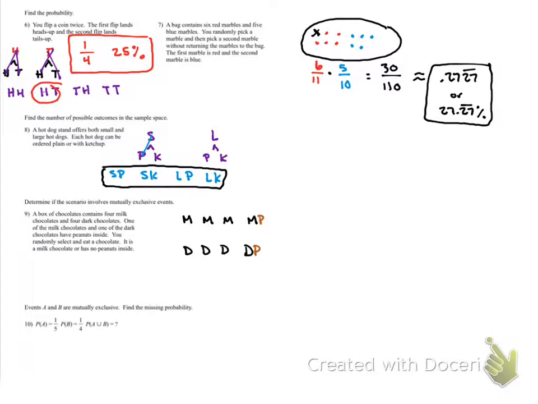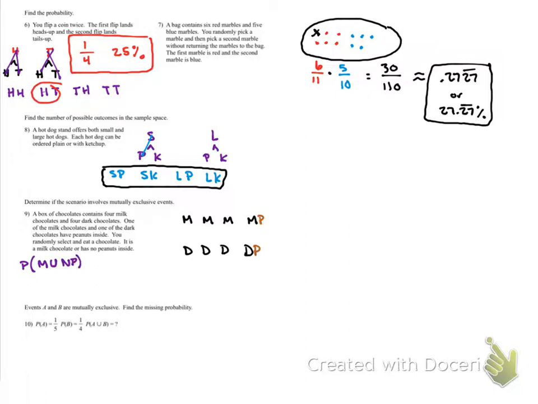You randomly select and eat a chocolate. It is a milk chocolate or has no peanuts inside. So let's write that formula out. The probability of a milk chocolate or, that U-shaped symbol, no peanuts.